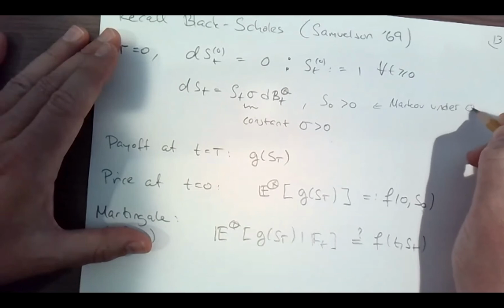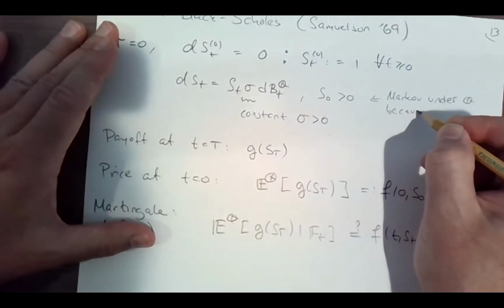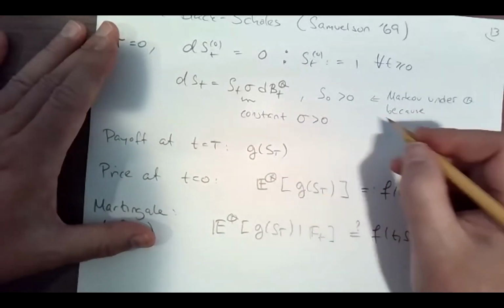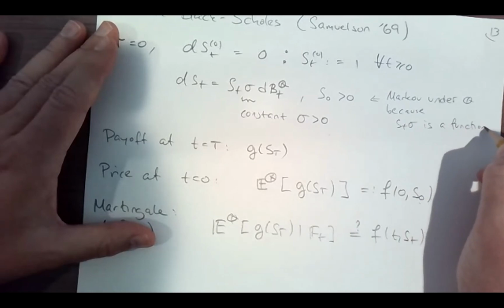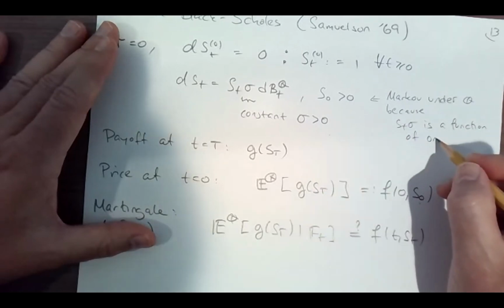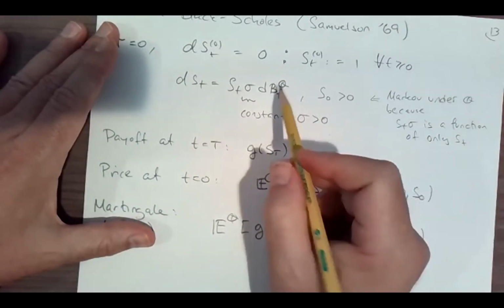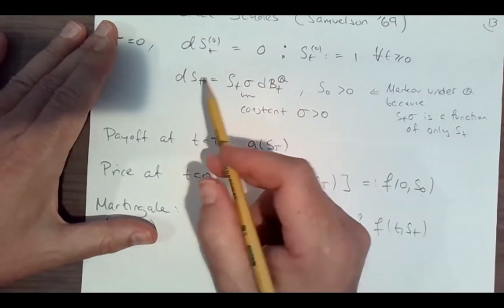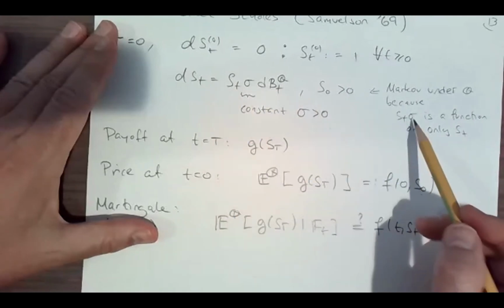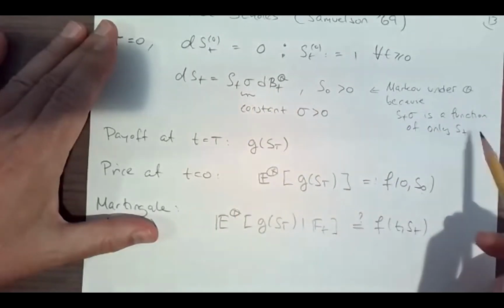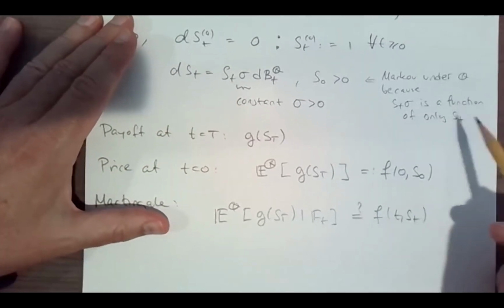To test for it: this is Markov under Q because the coefficient S_t sigma is a function of only S_t. This is the coefficient in front of the dB term. If there was a drift, that coefficient would also have to be considered, but here there's no dt term, just S_t sigma, a function of only S_t. So S_t by itself is Markov. And this is what fails in your homework.